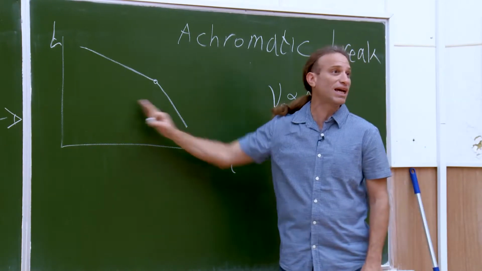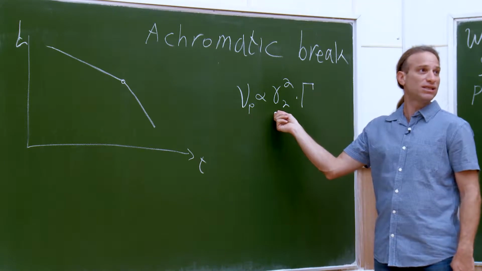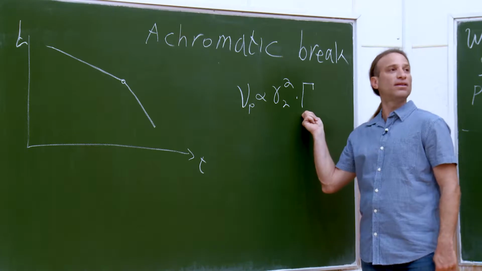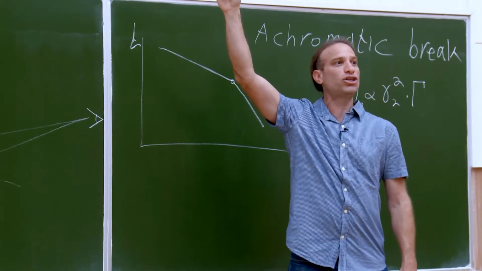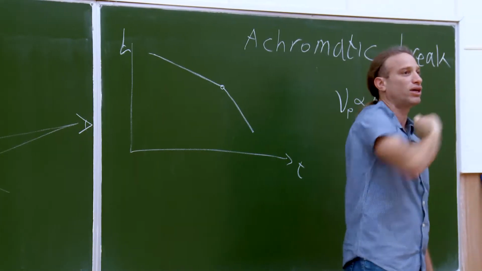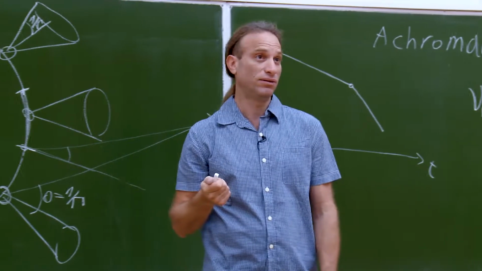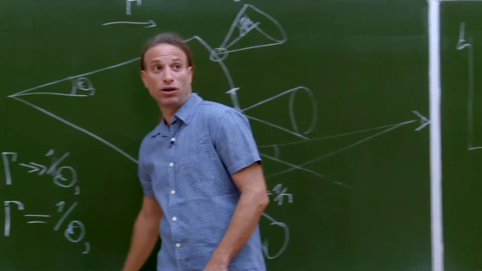So as the shock slows down, two things happen. First, this decreases because the acceleration is not as efficient. And secondly, the boost is smaller. So the peak energy gets shifted gradually from X-rays to UV to optical, and also the total luminosity is decreasing. So this is the afterglow.